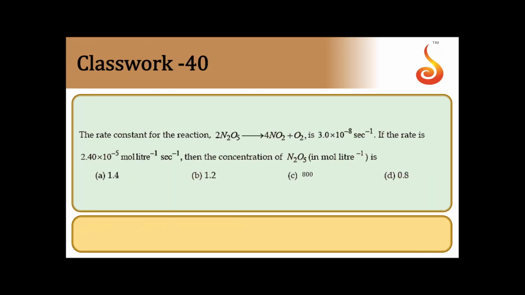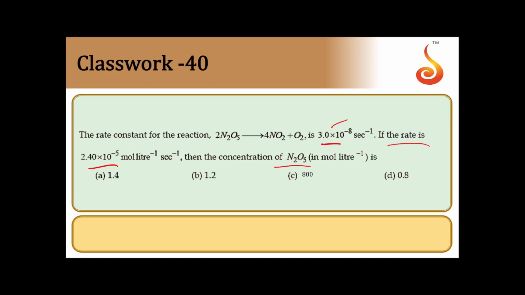Then 40th one. The rate constant of the reaction is given to us as 3.0 × 10 to the power of minus 8. And if the rate is given to us, what is the concentration of N2O5? Same type of problem. The rate constant is given and rate is also given. We should find out the concentration.